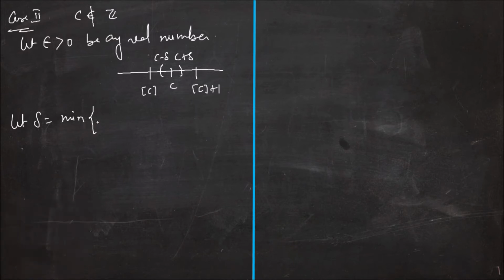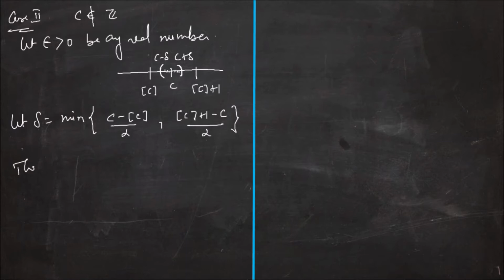So delta equal to minimum of (c minus [c])/2 and (([c] plus 1) minus c)/2. So by this choice of delta, all my x lies between this interval, so it does not take any integral values. So that is my aim.